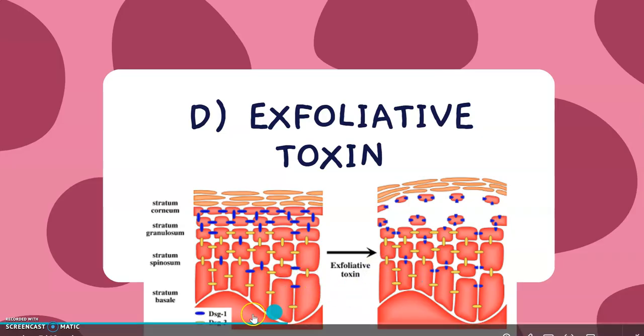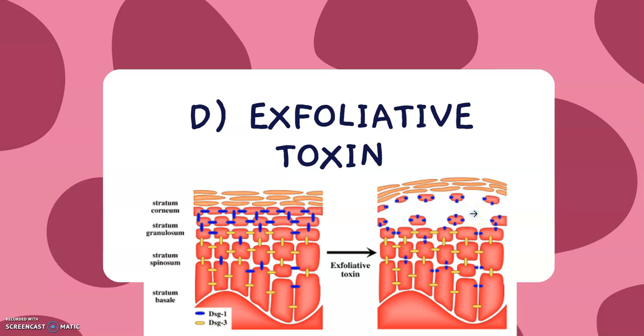So you can see this is the normal skin. There are different layers of skin on which when exfoliative toxin acts, there will be exfoliation, or the skin will be shedding. That is scalded skin syndrome.